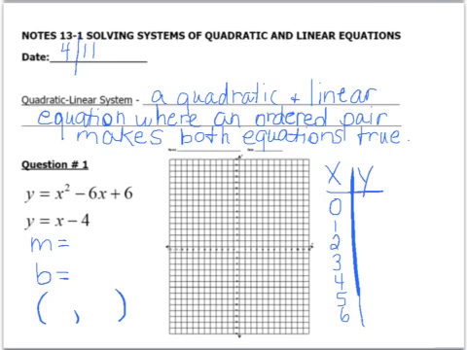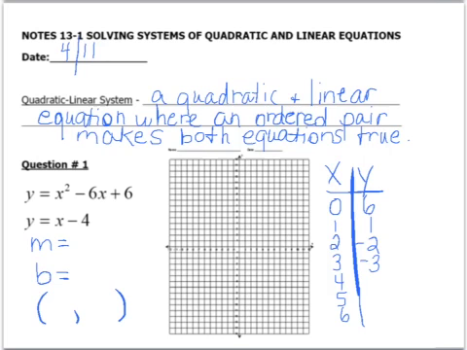So 0 squared minus 6 times 0 plus 6 is 6. Substituting the 1, I get 1 squared minus 6 times 1 plus 6 is 1. 2 squared minus 6 times 2 plus 6 is -2. 3 squared minus 6 times 3 plus 6 gives me -3.